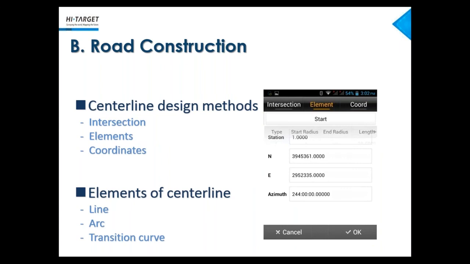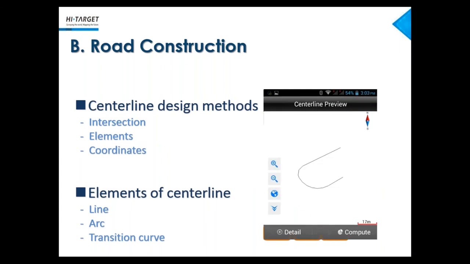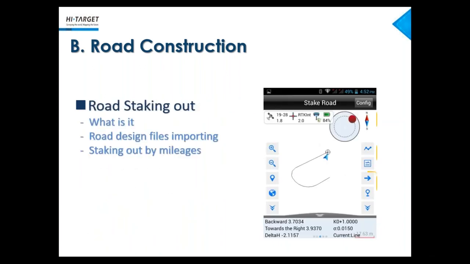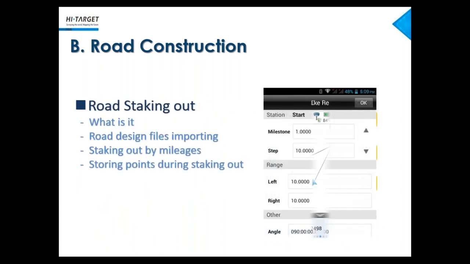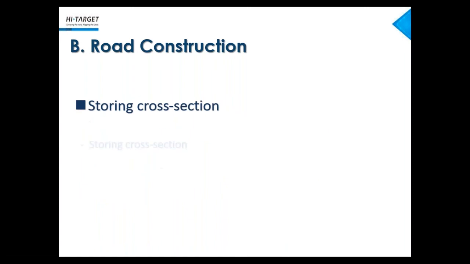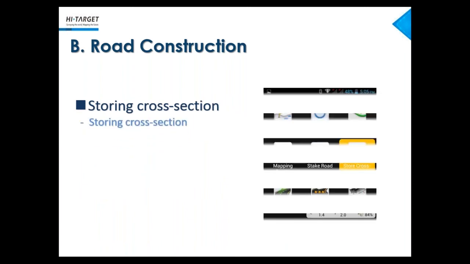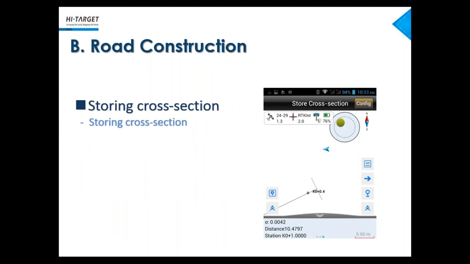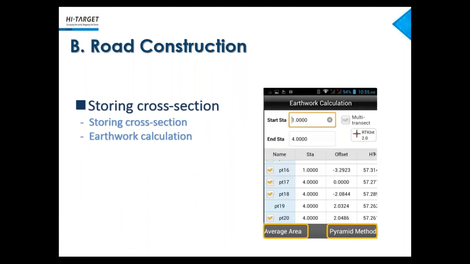If you want a very accurate result, you need to store the detail points with a small interval, and then use the pyramid method to get a higher accuracy result. But I think the average one is already useful.